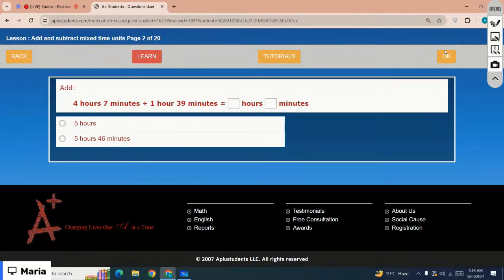4 hours 7 minutes plus 1 hour 39 minutes, which is the correct option? That is 5 hours 46 minutes. Option number 2 is the correct option.